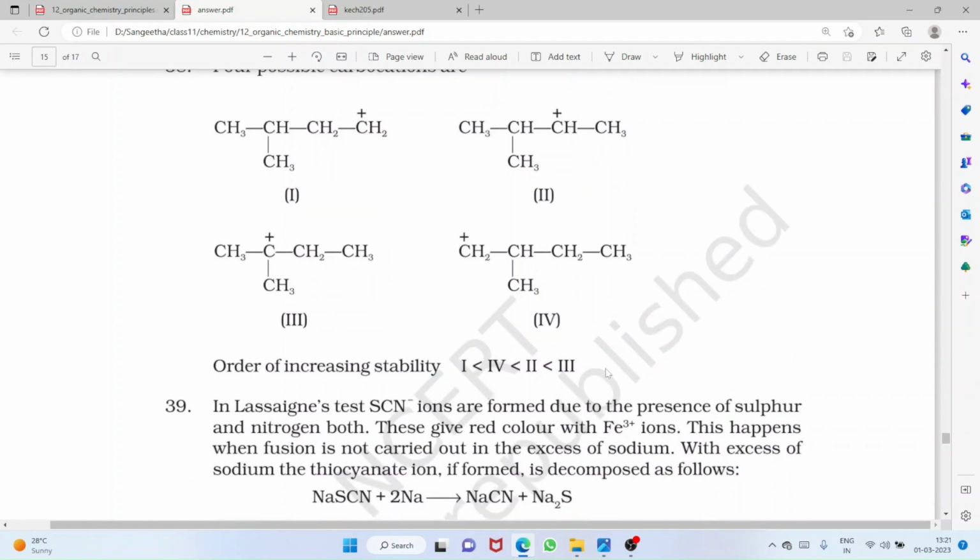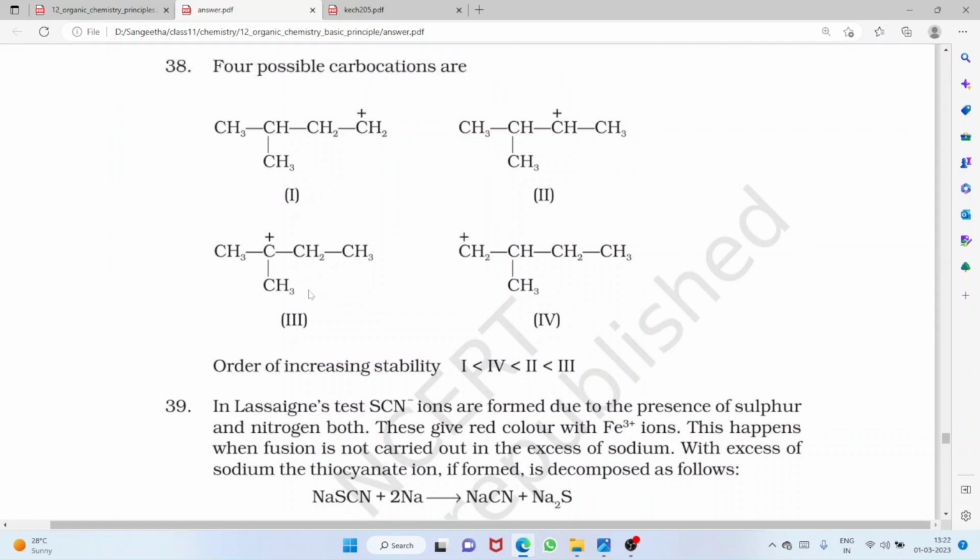Structure 3 is more stable than 2, than 4. Structure 3 is more stable because it can be stabilized with this electron donating group.